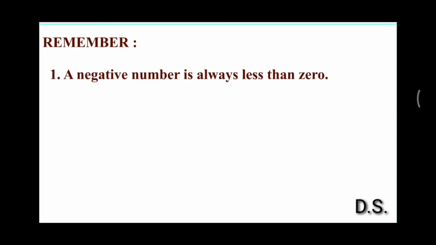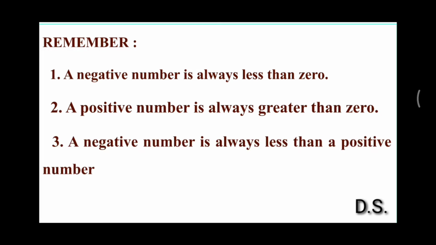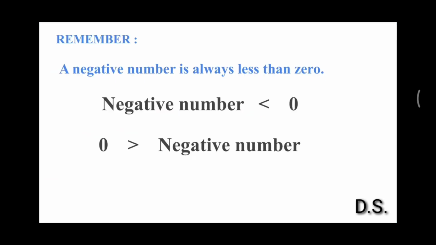Remember, a negative number is always less than 0. A positive number is always greater than 0. A negative number is always less than a positive number. Recall again, a negative number is always less than 0. That means when you write a negative number and 0 and you put a sign, the tip of the arrow will be pointing towards the smaller number, that means the negative number.